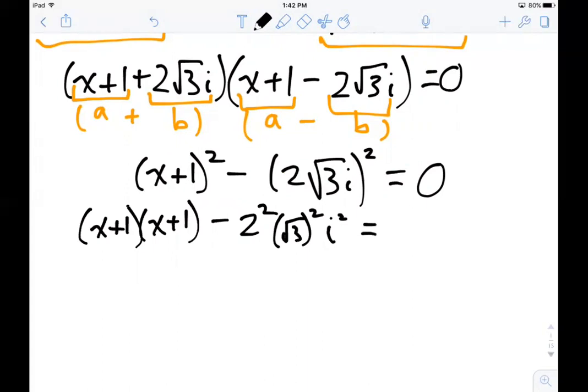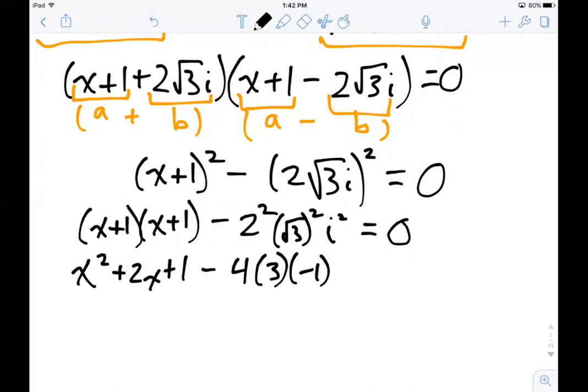So can't forget that that equals 0. Now we'll do some expanding of the two binomials. They would eventually simplify to x squared plus 2x plus 1. And then it's going to be minus 4 times 3 times -1. So we're recognizing now that the square of root 3 is just 3. And then i squared is just the number -1. Remember, we've seen that in our previous unit.